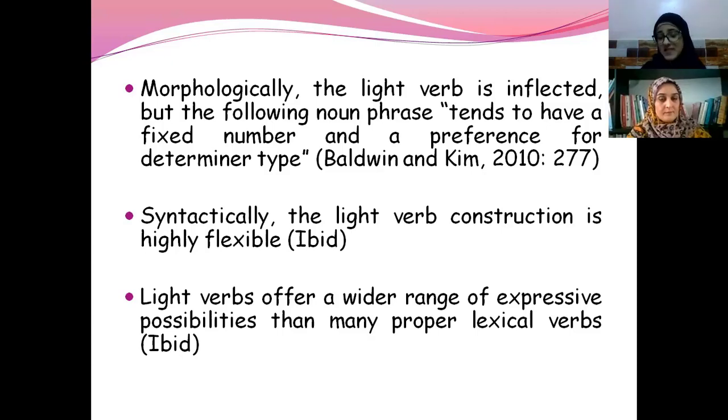And at the same time, the noun could be modified, in the sense that make an irresistible offer, to make an irresistible offer. Light verbs offer a wide range of expressive possibilities than many proper lexical verbs. Here, instead of saying to offer something, we are going to offer more expressive possibilities in saying making an offer.